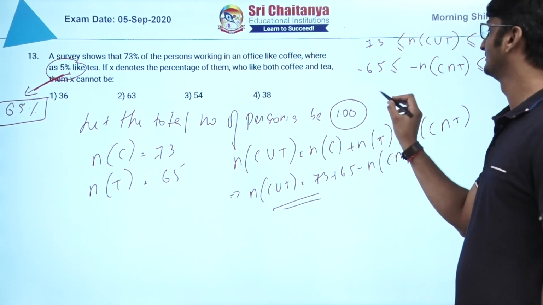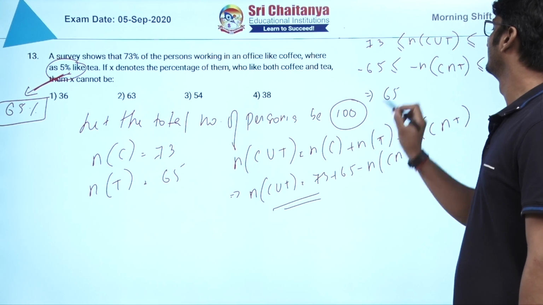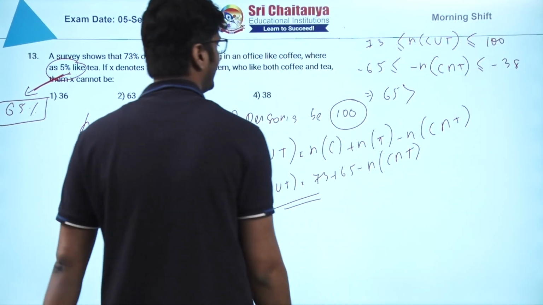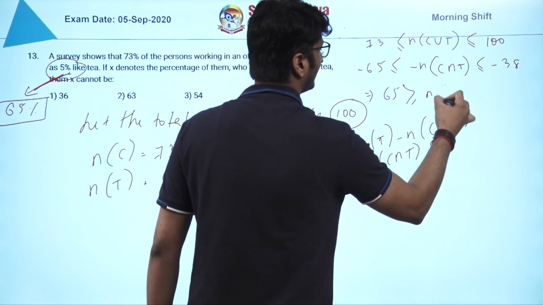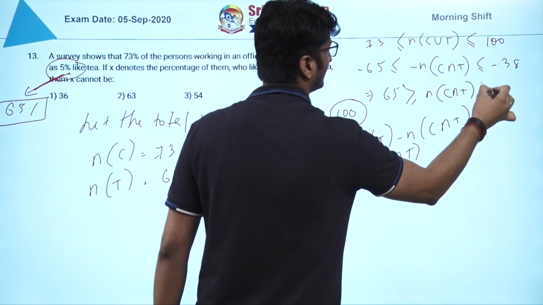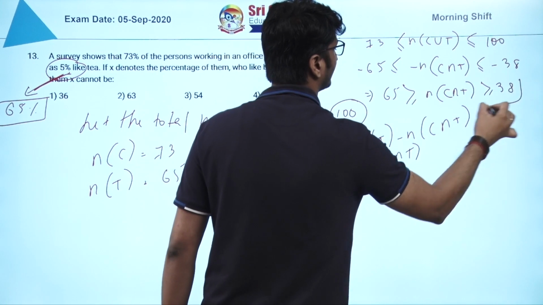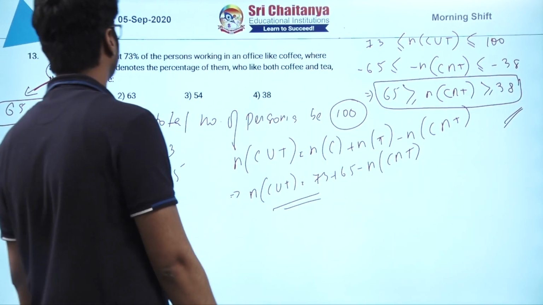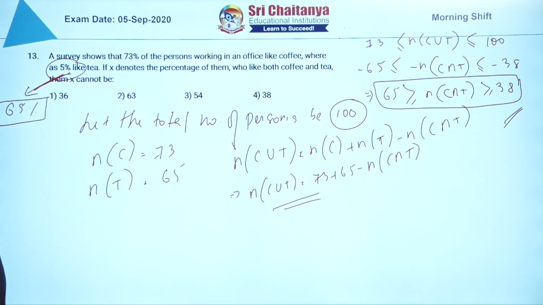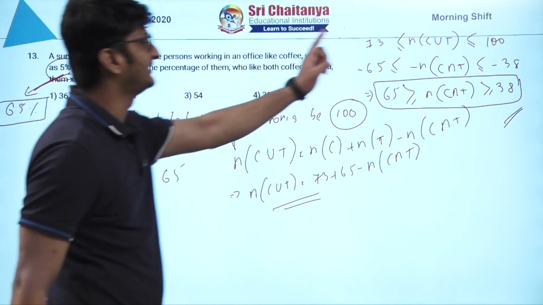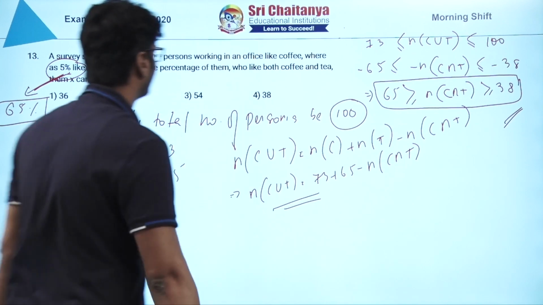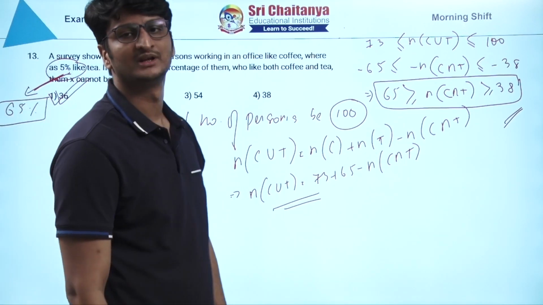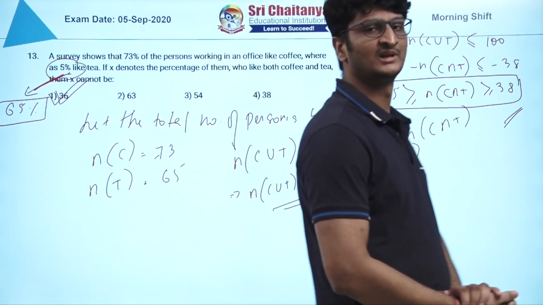Minus sign is there, so the sign of the inequality will get reversed, and you will get n of C intersection T from 38 to 65. Check it out. Which option is not lying in this interval? That will be the correct choice. So option number A, that is 136, is the correct answer. Please check it out.